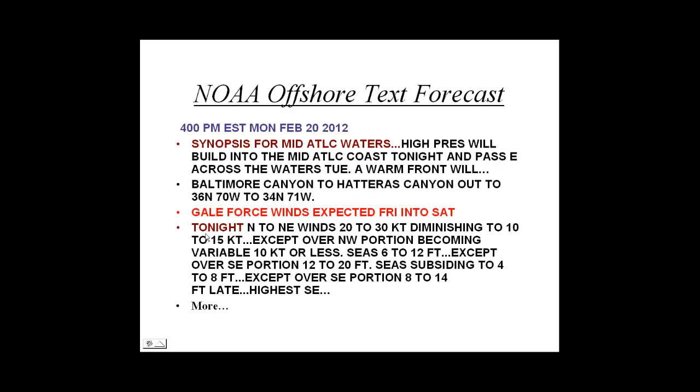Expect gale force winds tonight. Expect these wind strengths and directions. These seas, 6 to 12 feet, these are significant wave heights. So you have to use that Rayleigh distribution to estimate what you're going to see actually.